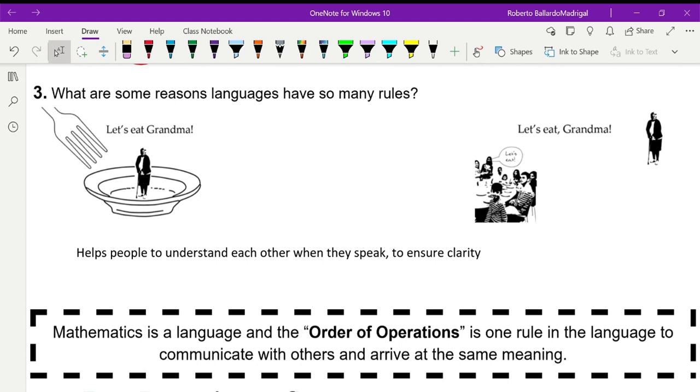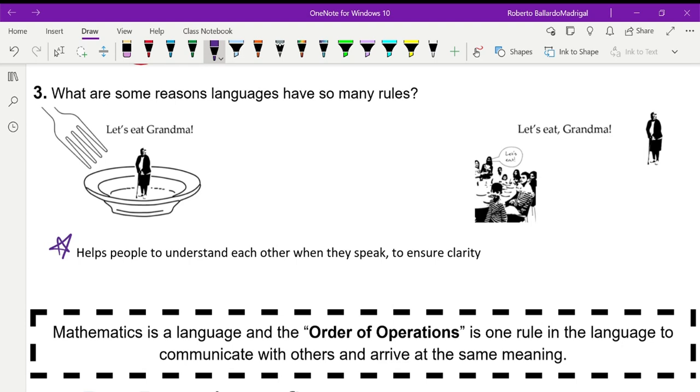All right. Think about, or actually come up with a sentence. Never mind. I have it over here, already here for you. You were supposed to come up with a sentence, but I'll give it to you. The reason why there's so many rules in languages is because it's going to help people understand each other when they speak, and it is there to ensure clarity. So go ahead and copy that sentence down.